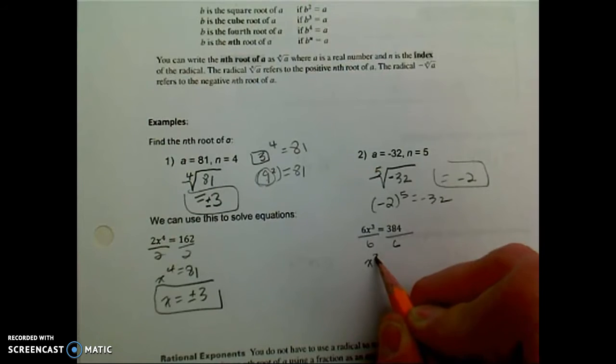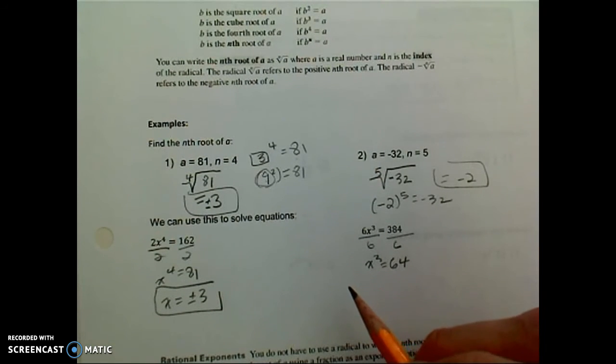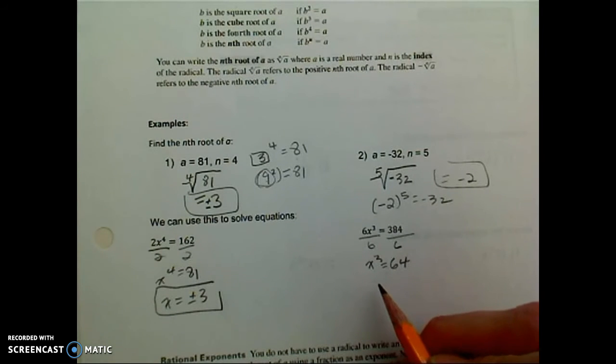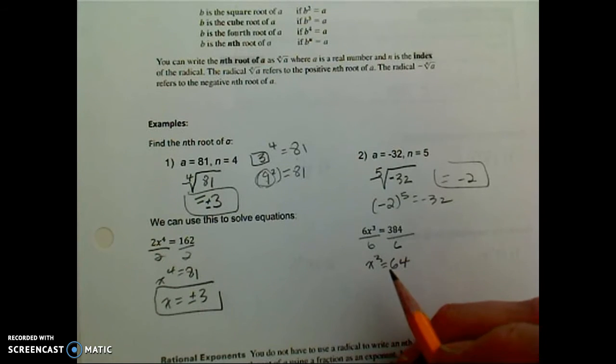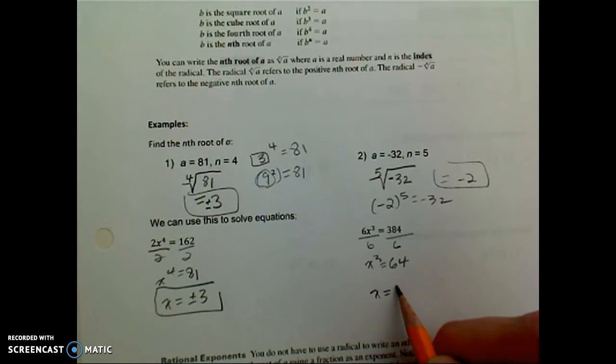So x to the third power equals 64. So I need a number that times itself 3 times gives me 64. Again, I have to do a little guessing and checking. So 2 to the third is 8. 3 to the third, 3 times 3, 9 times 3 is 27. Let's try 4. So 4 times 4 is 16, times 4 again is 64. So x equals 4.